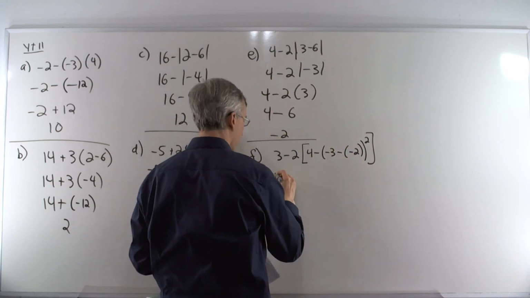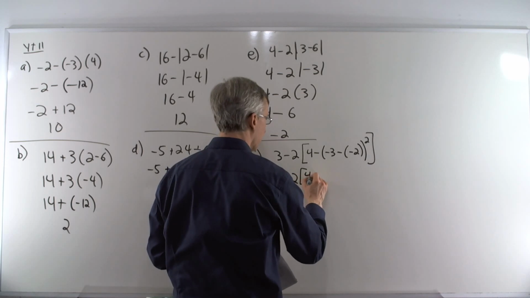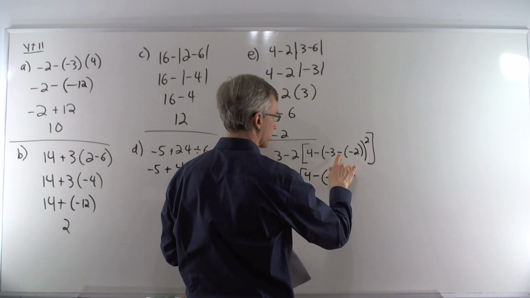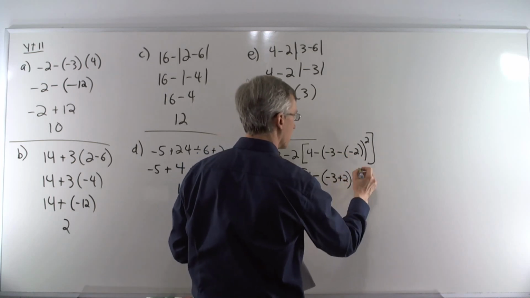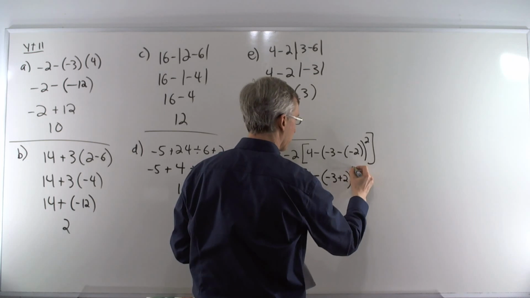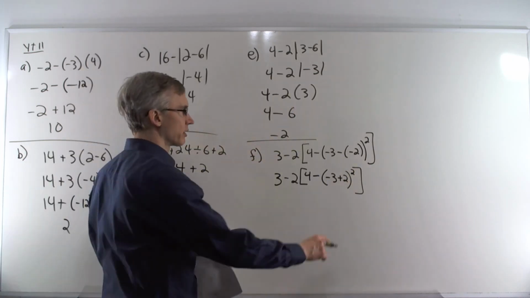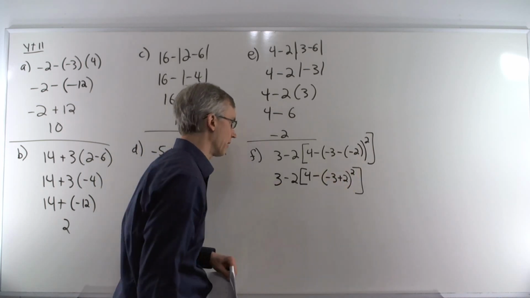Everything else comes down exactly as written, so don't change anything here. Now subtracting a negative is adding, so that's -3 plus 2 to the second power. So it's a nice simplification there to get rid of those parentheses. Makes it a lot less confusing to work with.